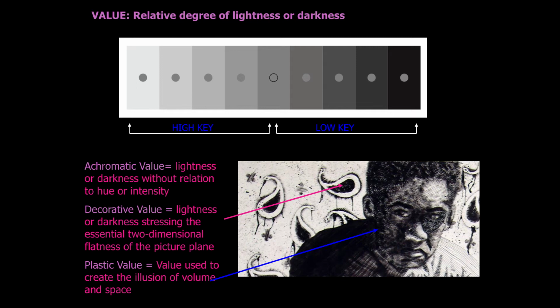So in this little drawing here, the figure has hatching, stippling, and some chiaroscuro to indicate the direction of light. You can see that it's coming from the right and illuminating the left side of his face, and the right side of his face is in darkness. So that creates the illusion of plastic space or three-dimensional space.